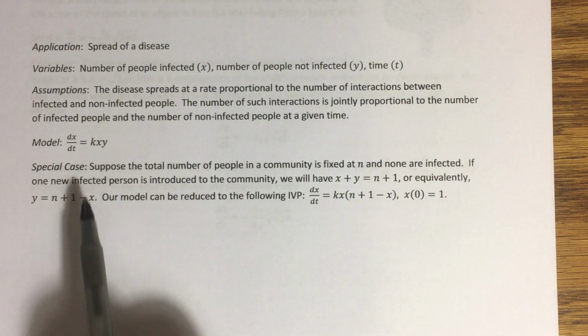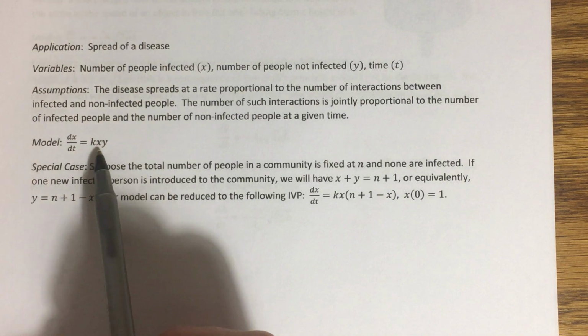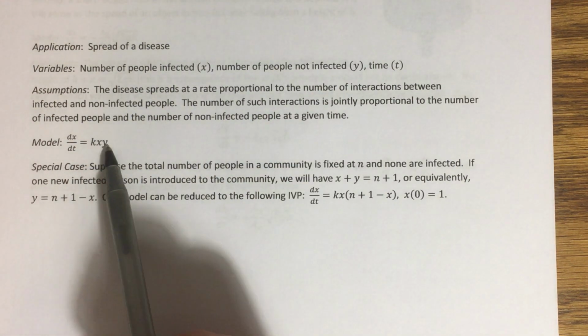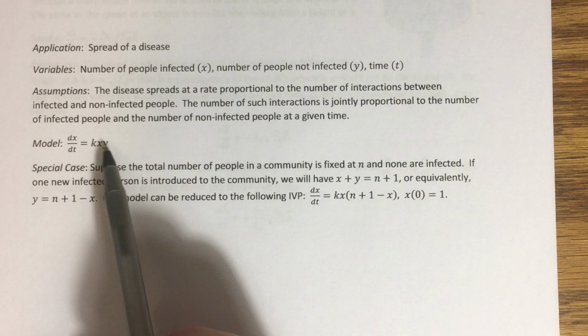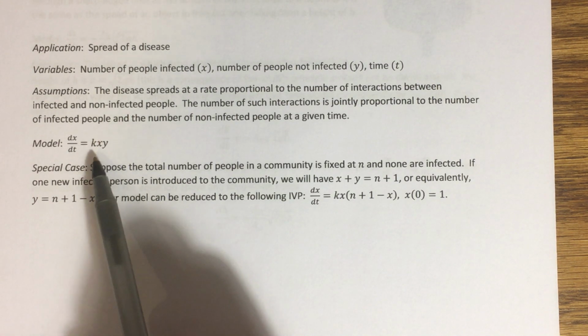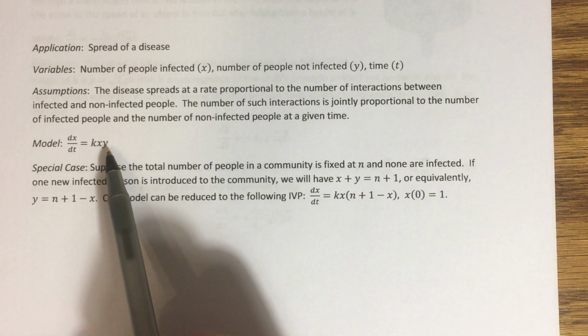So this is our model, but what we want to do is make this work a little bit better, because if you think about it, x and y are both functions of t. We have two unknown variables here. That's going to make it difficult to solve for x. But it also makes sense that y and x depend on each other. So if we make an additional little assumption here, we can make a substitution so that this only includes the variable x.